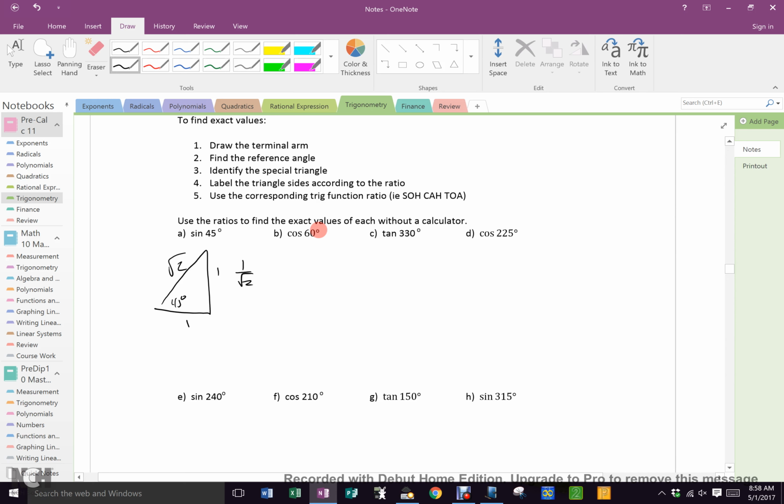If it's 60, then is it the red one? Or is it the black one? There's theta. There's theta. Which one am I doing?